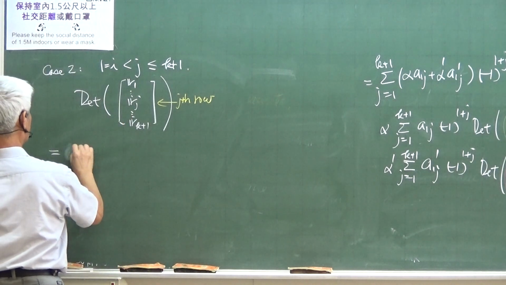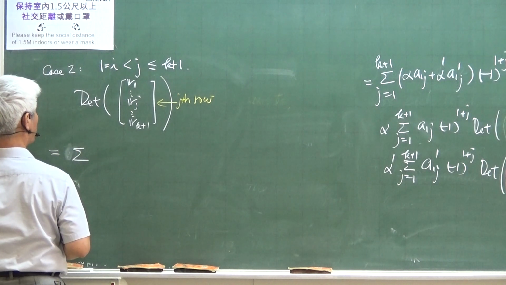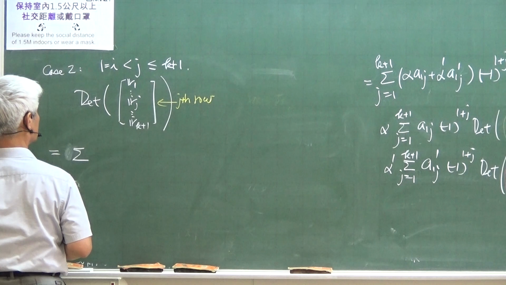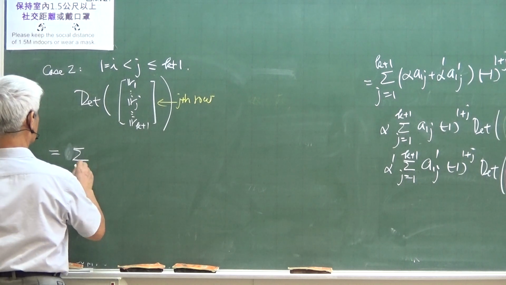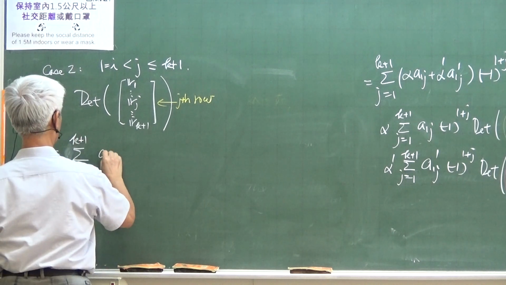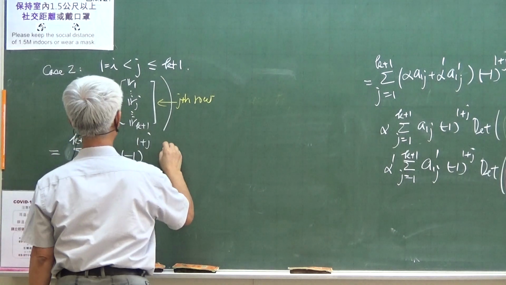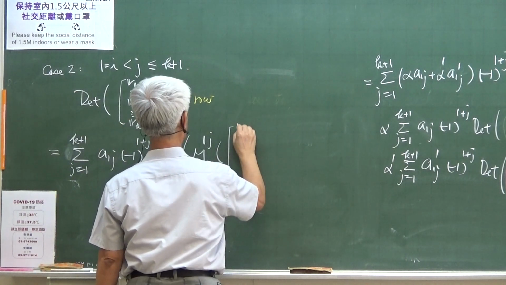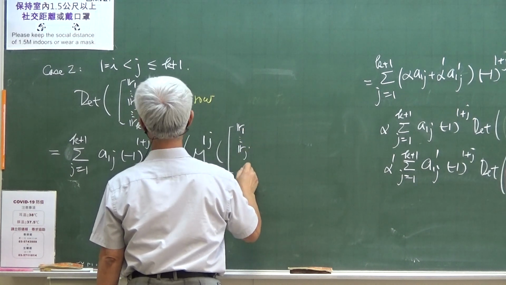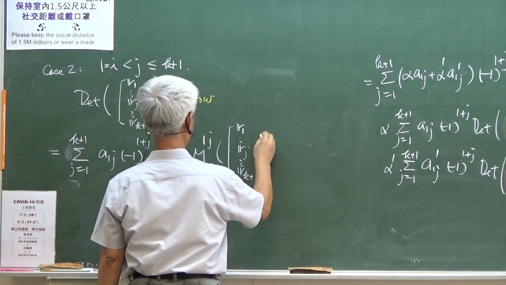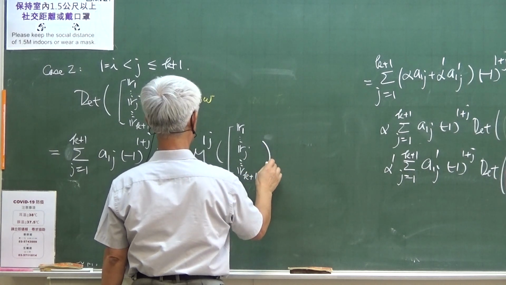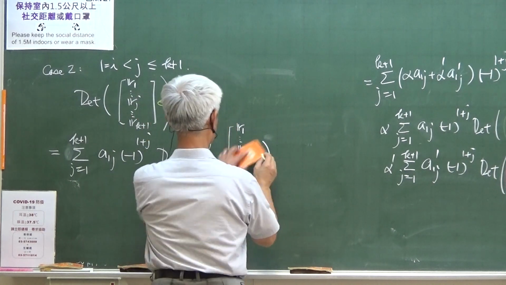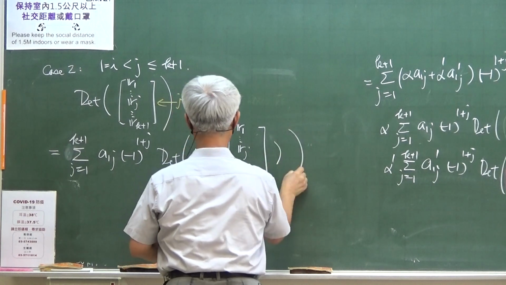And by our expansion formula, k plus 1, a1n, minus 1 to the power 1 plus n, determinant of M1n.